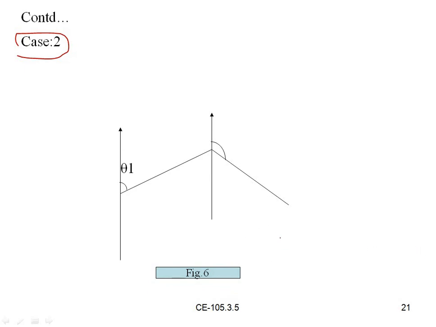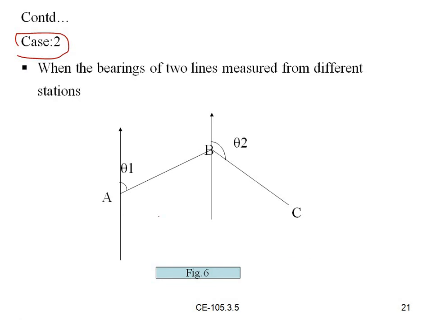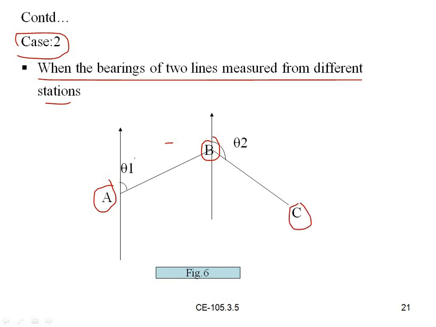Let us see case 2. When the bearings of two lines are measured from different stations, that is A and B and C. So this is theta 1 and theta 2.